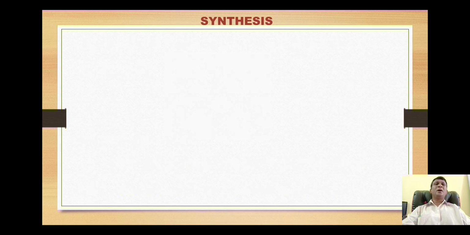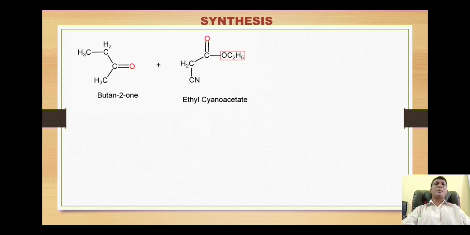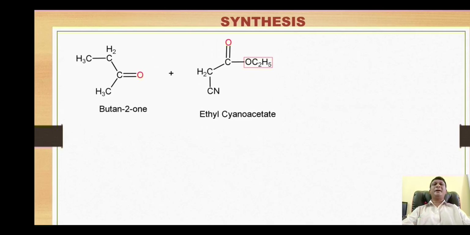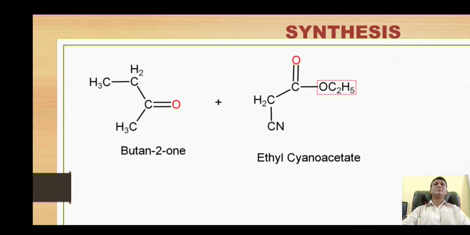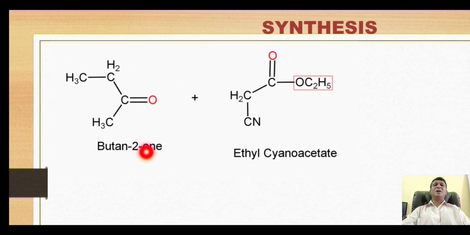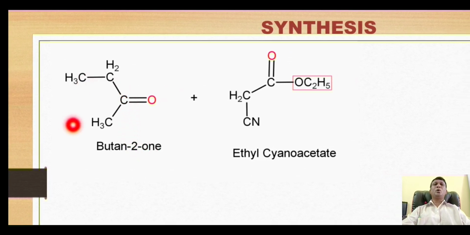Next, move on to synthesis of this compound, where the starting materials are this one, a 4 carbon ketone which is called butan-2-one, and this ester ethyl cyanoacetate.